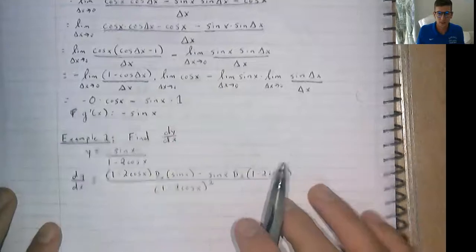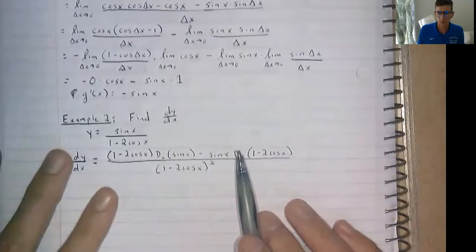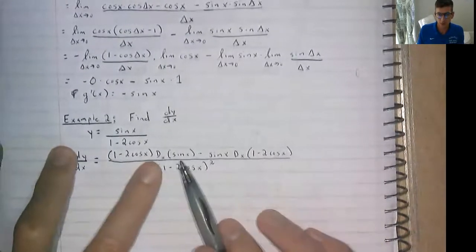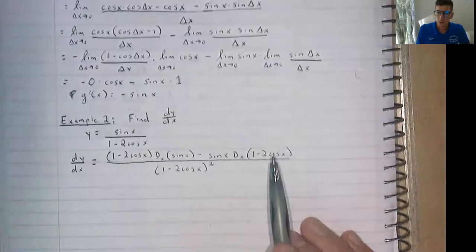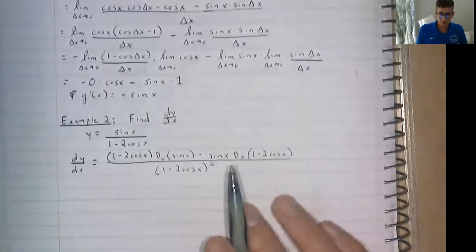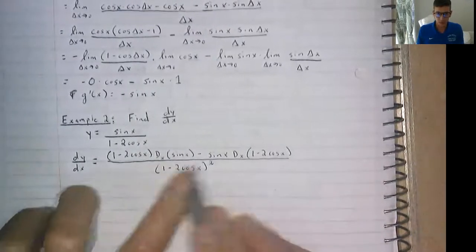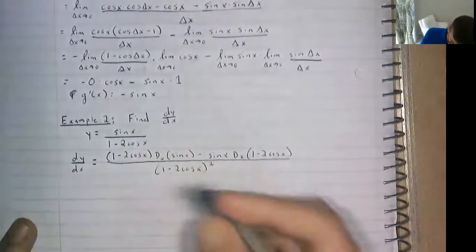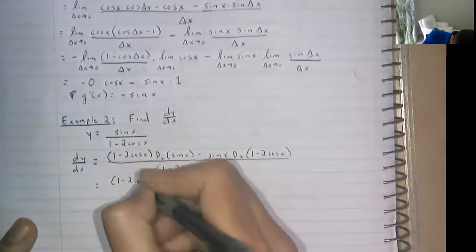Well, we're not so interested here in the quotient rule as we are in applying the derivatives of the trig functions. So we're not going to expand this out. We are going to do this part. So this becomes 1 minus twice the cosine of x.